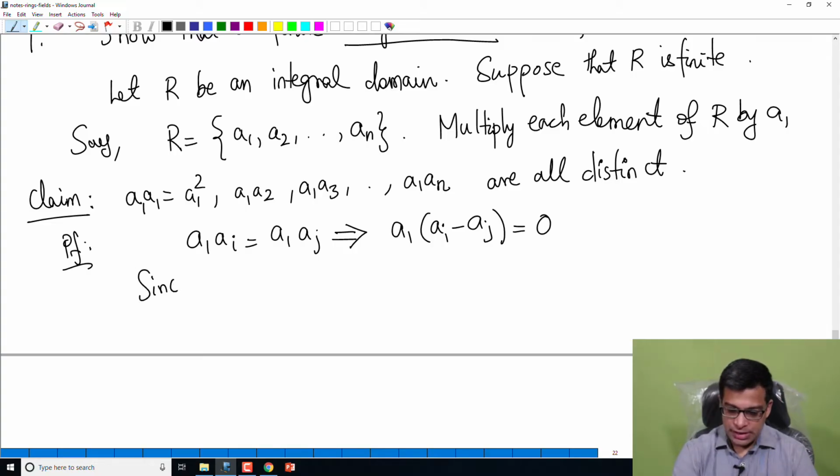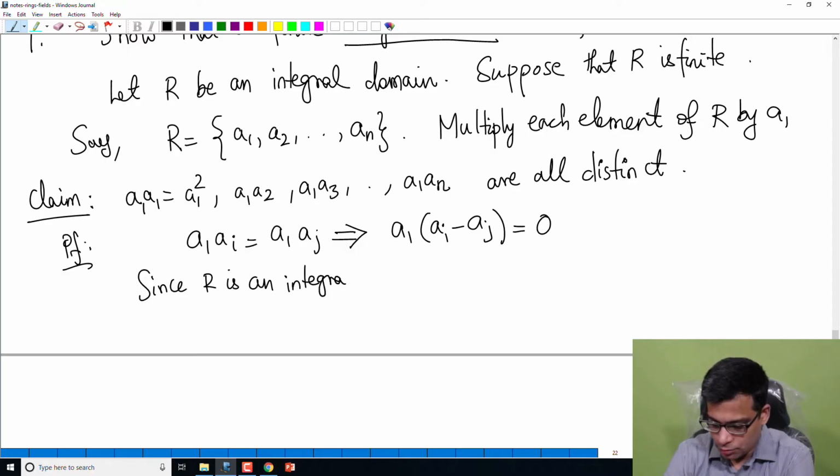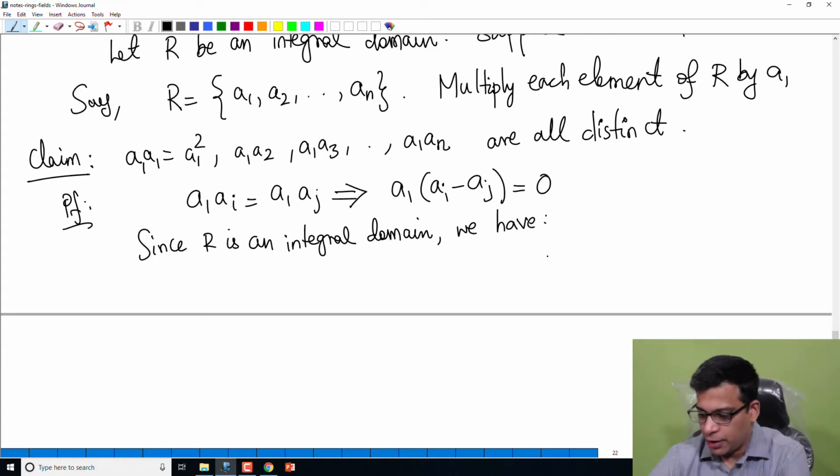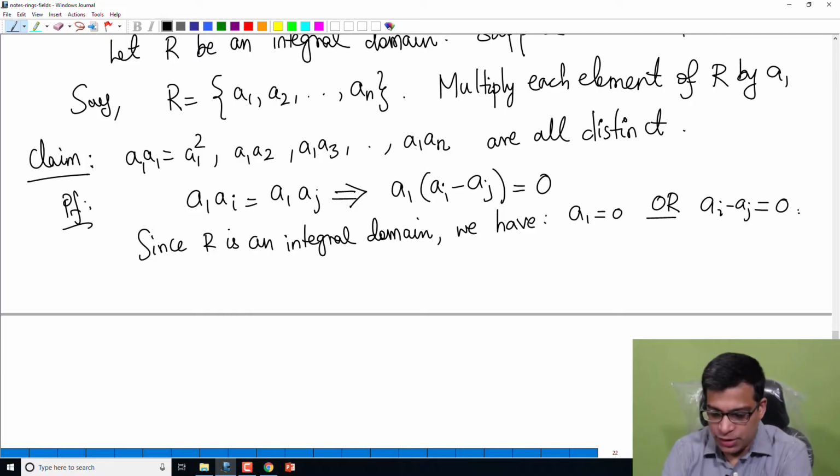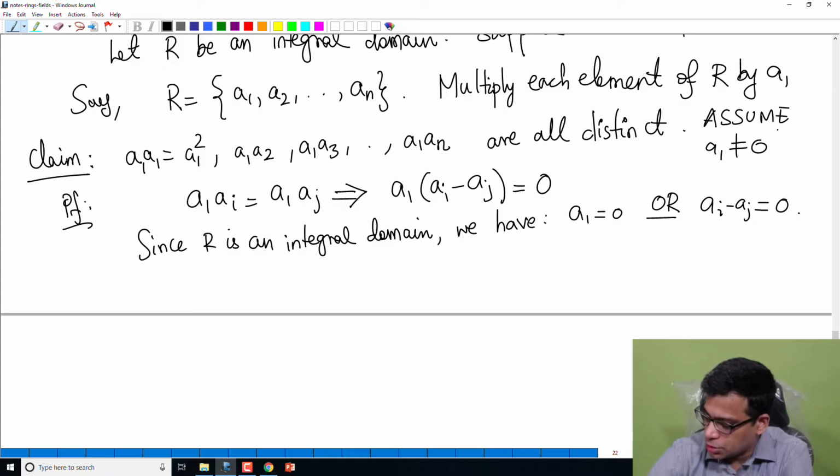But now, since R is an integral domain, one of the equivalent properties of an integral domain is that if you have two ring elements whose product is 0, one of them is 0. So A1 is 0 or AI minus AJ is 0. Now suppose A1 is not 0.